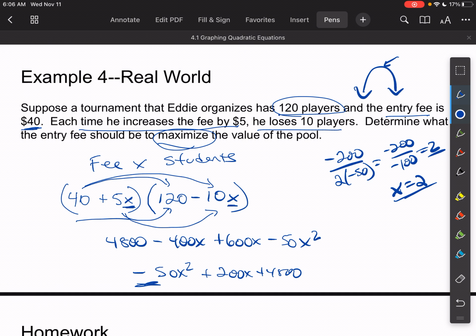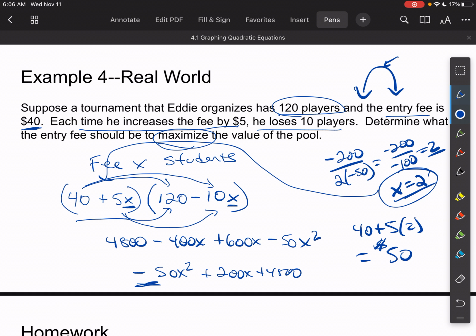So it happens when x equals 2, but it says determine the fee. So we've got to plug this 2 back into our fee equation. So 40 plus 5 times 2 equals $50. We have a maximum amount of value or profit for this when I charge $50 for the entry fee.